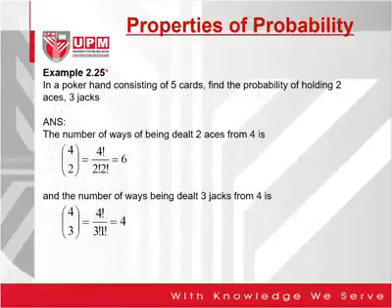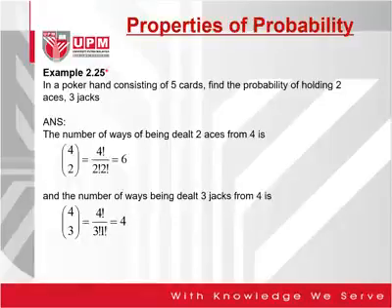Okay, the next example: you have 5 cards. Find the probability of holding 2 aces and 3 jacks. First we find the number of ways of being dealt 2 aces from 4.